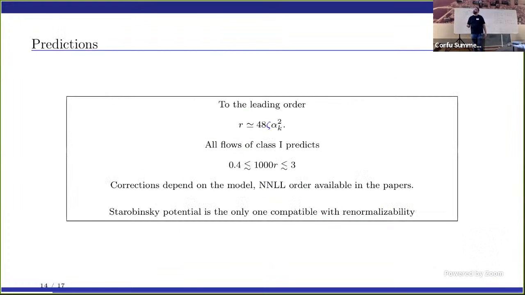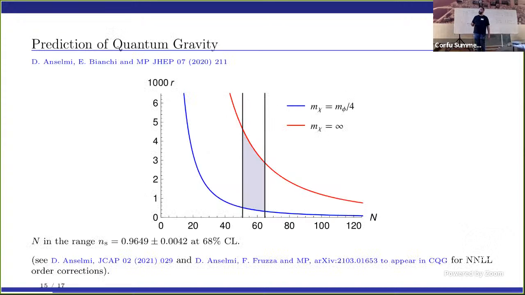There is an additional parameter here, and because of the construction, for consistency, it has to satisfy this bound. Because of this bound, if you redo the analysis to the leading order, all the potentials of class 1 give the same prediction at the leading order. Of course, at next to leading order, there will be differences depending on the potential. But they give this prediction for the power spectrum. In particular, if you select the Starobinsky potential, you have a renormalizable and unitary theory.